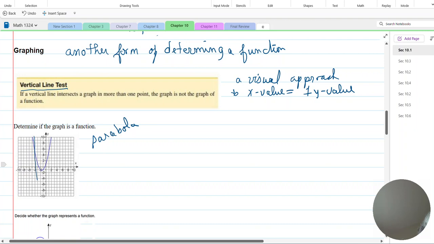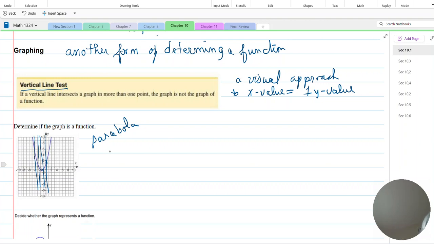So if I draw a line, I see there is only one X value in any point. Only one for each X. Therefore, this passes the vertical line test. It is a function.